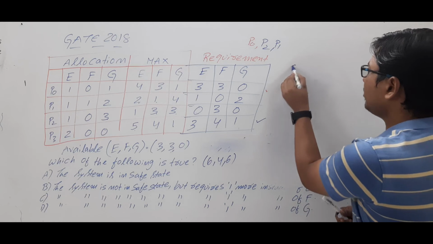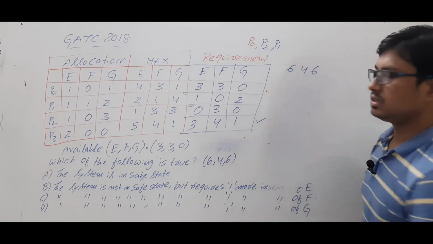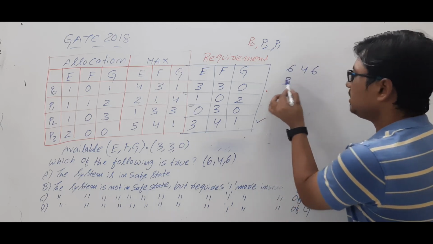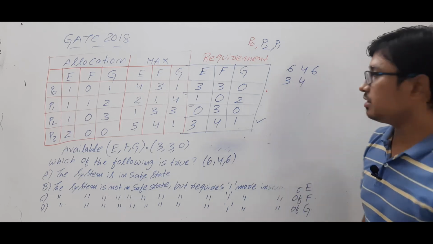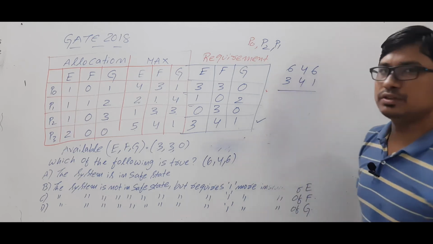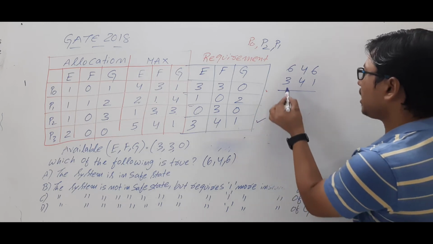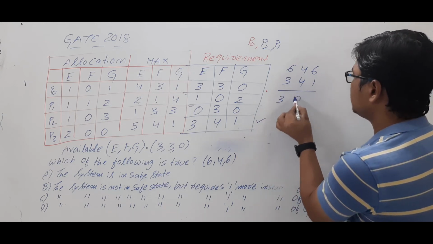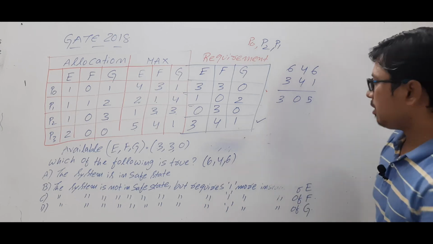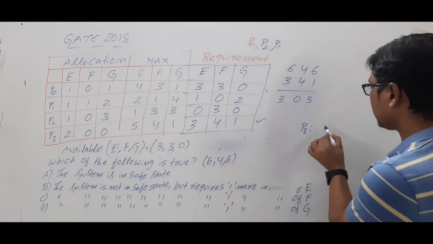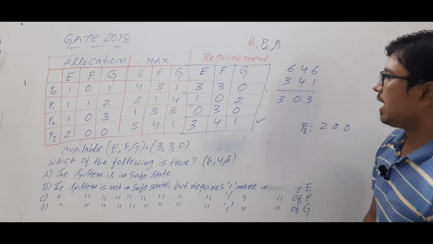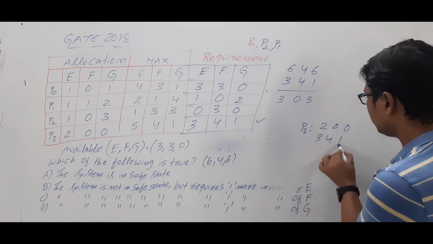Now the availability is 646 and I have given 3 instances of resource E, 4 instances of resource F and 1 instance of resource G. So I will have the availability of 305. However, process P3 was previously allocated 200 and currently I am allocating 341.